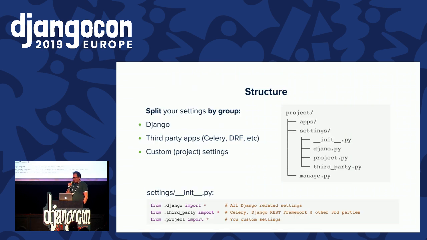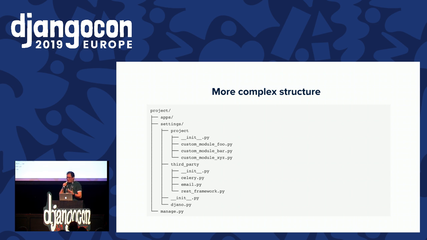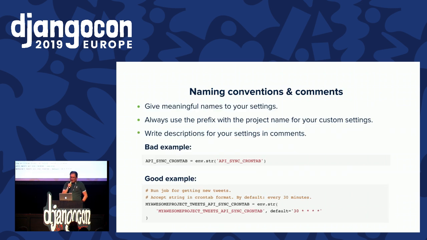Several words about structure. We recommend splitting your settings, but not by environment, rather by groups. In this case, you can differentiate Django, third-party, and your custom settings. And if your project grows, you can implement each of these files as a package and split it more granularly.